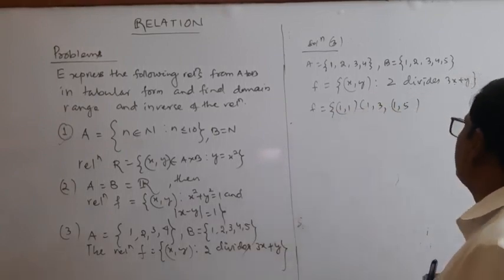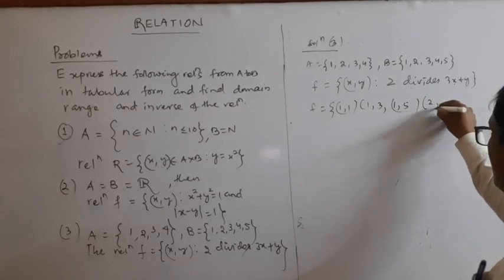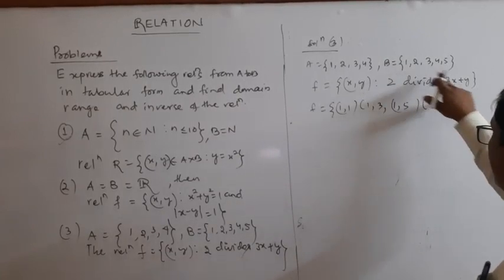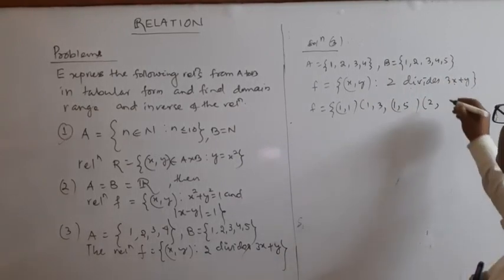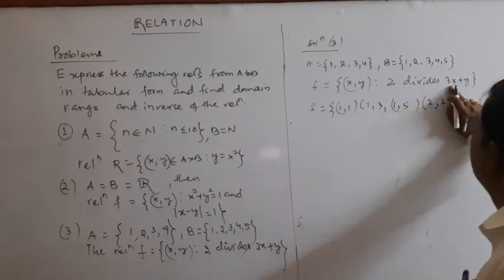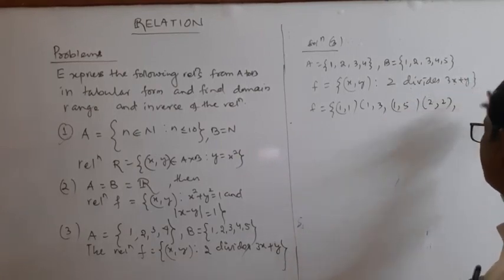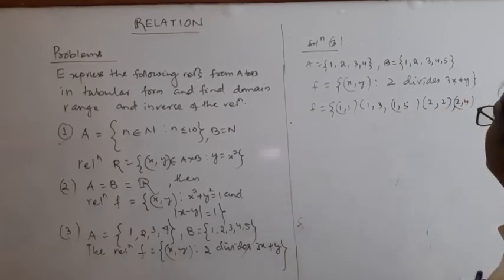Now 2: 6 plus 1 not even, so not allowed; 2 with 2, 6 plus 2 even, (2, 2); 2, 3 not allowed here; (2, 4); 2, 5 not allowed here.